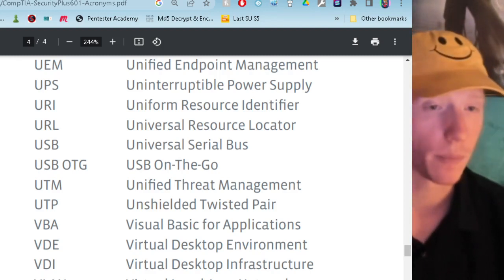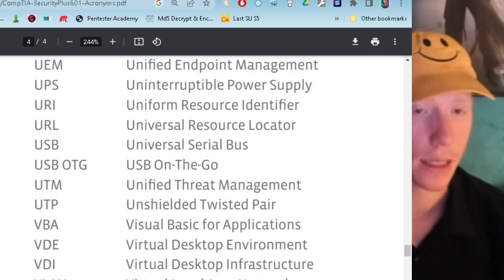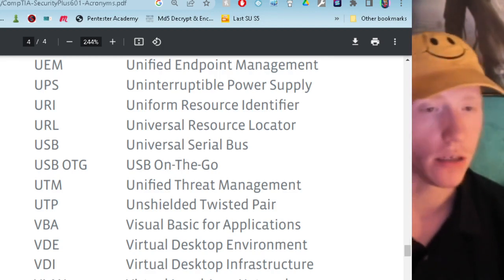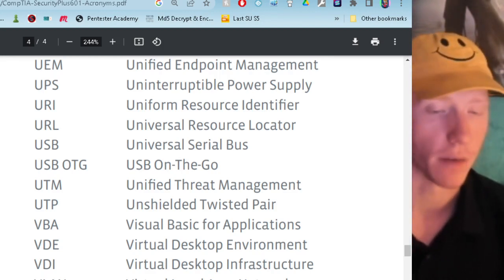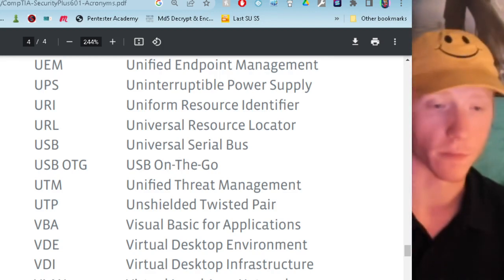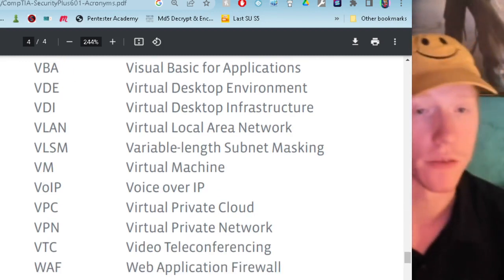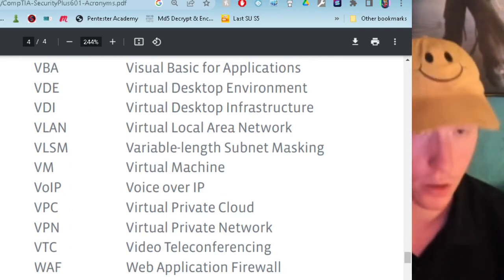VBA is the Visual Basic for Applications, and I think that's a software. VDE is a virtual desktop environment. You can put that on your virtual machine. A VDI is a virtual desktop infrastructure.